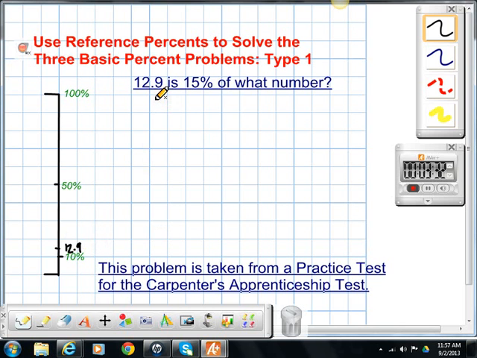Now, if we knew what 10% of the number was, we could figure out what 100% of the number was by multiplying by 10. Let's see if we can figure out what 10% of the number is. 12.9 is 15% of the number. So if I divide by 3, I'm dividing by 3, that's going to give me 5% of the number.